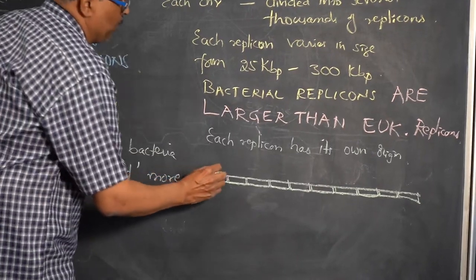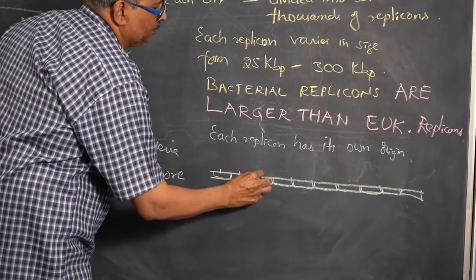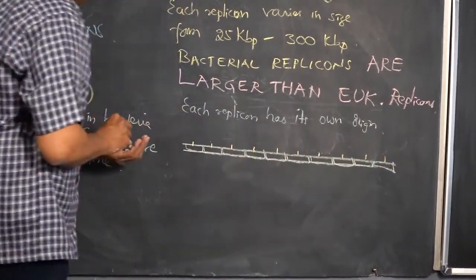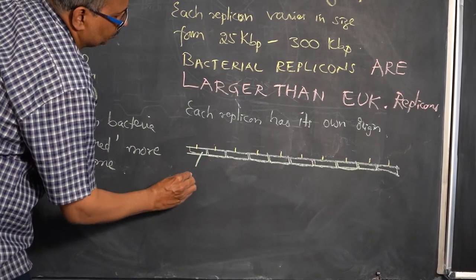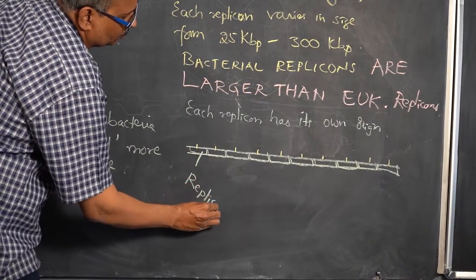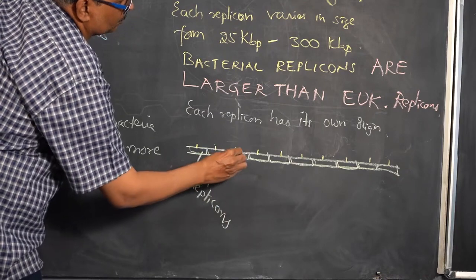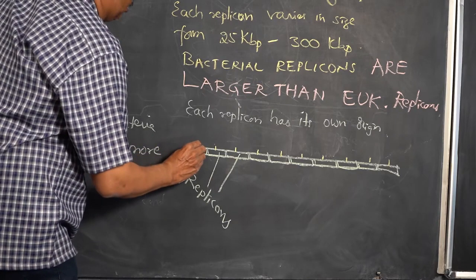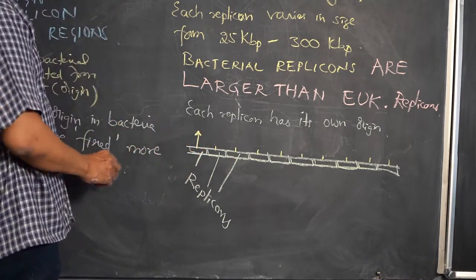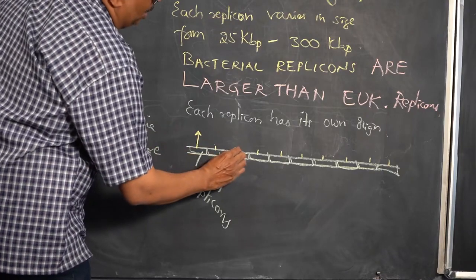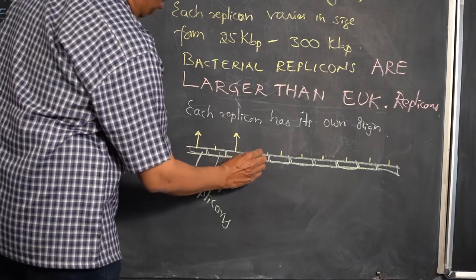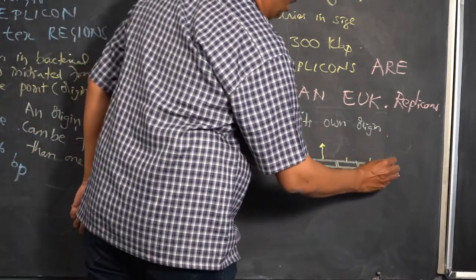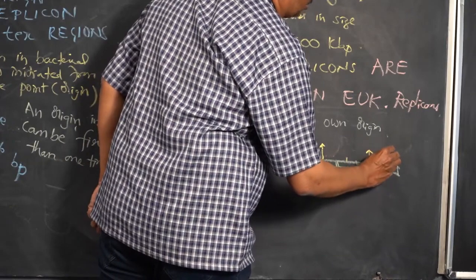Now, each one has an origin. So each one is a replicon. You may have a replicon activated here, the origin activated here, origin activated here, and so on.